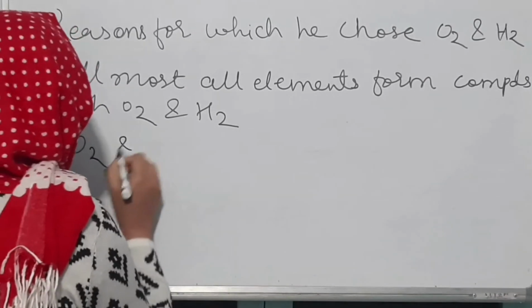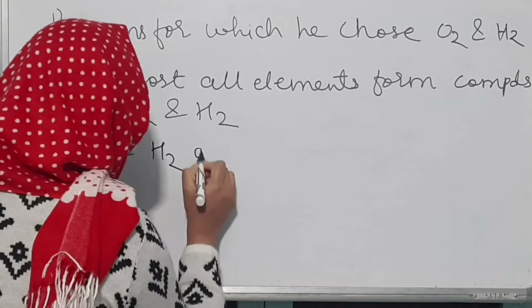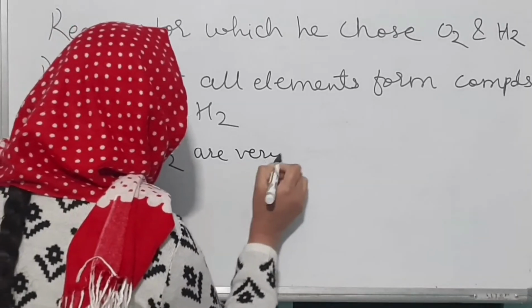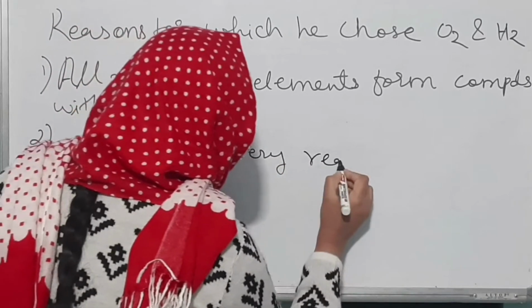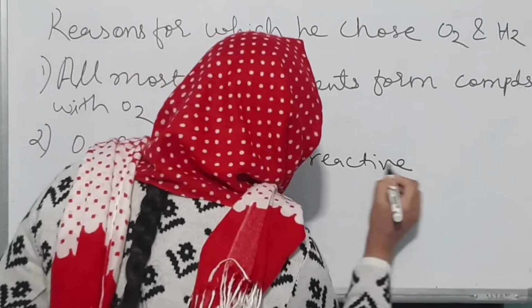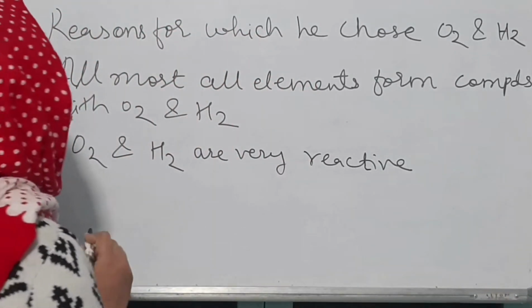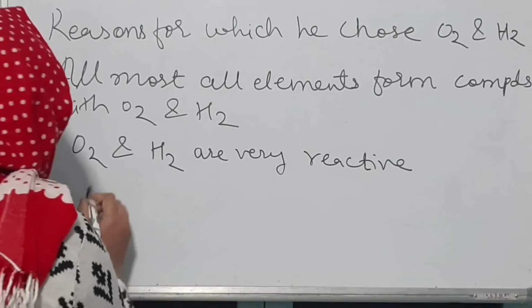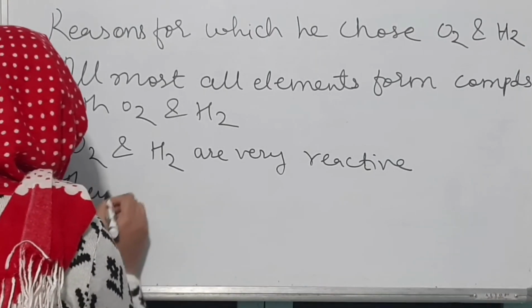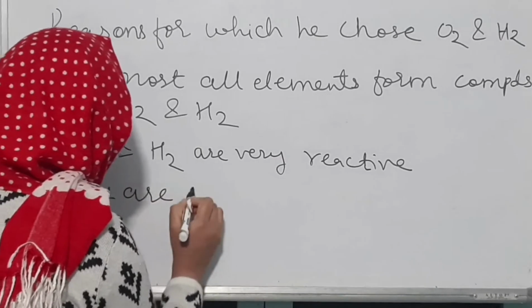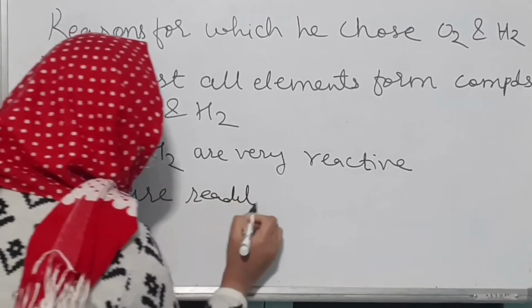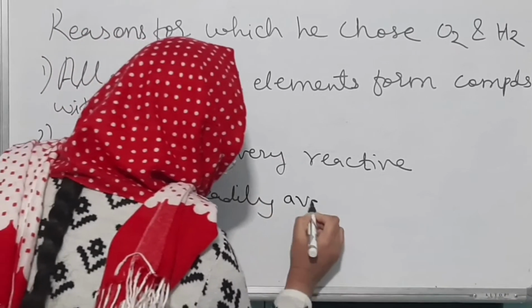And number two is, oxygen and hydrogen are very reactive. And number three is, they are readily available.